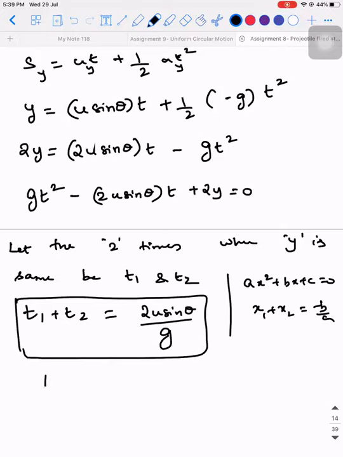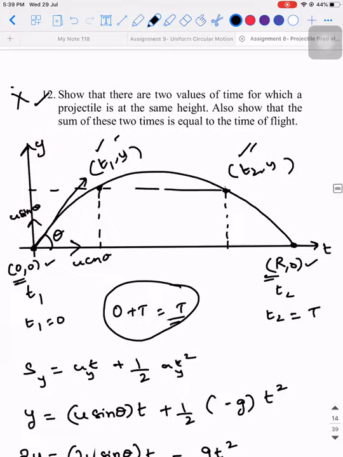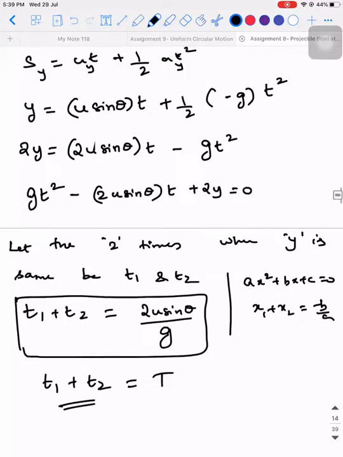Did we prove it? So t1 plus t2 will be equal to capital T. This is a good problem. You can have it as a concept also in mind.